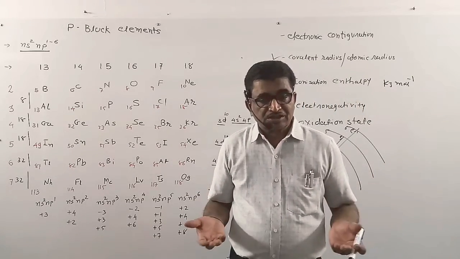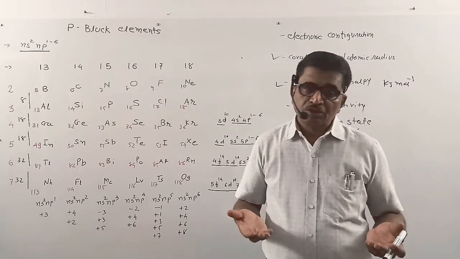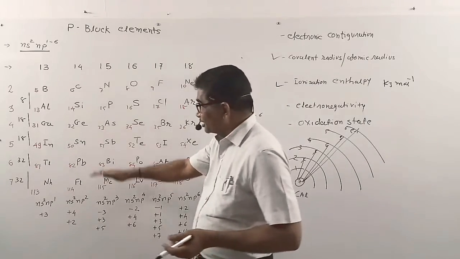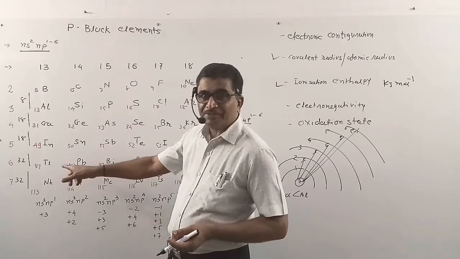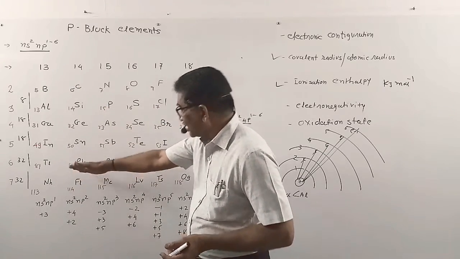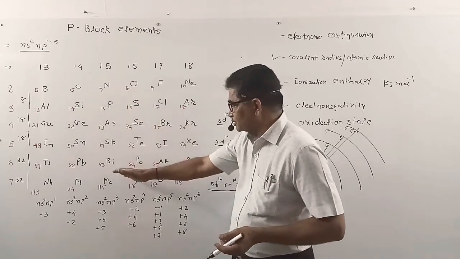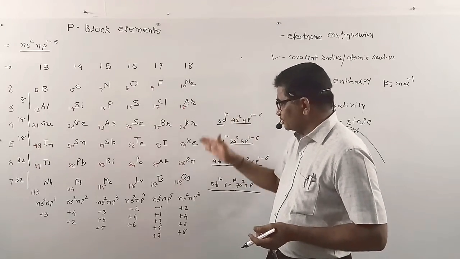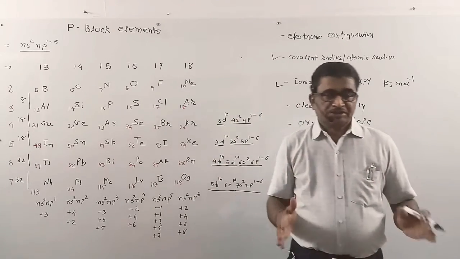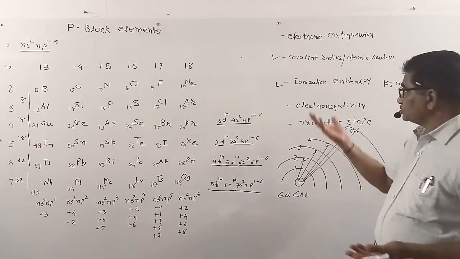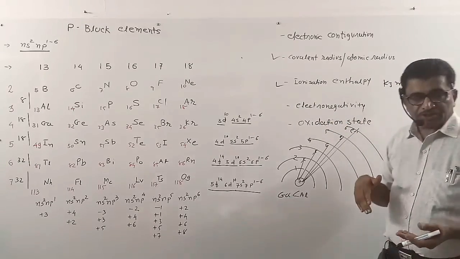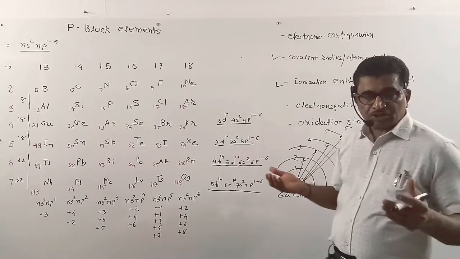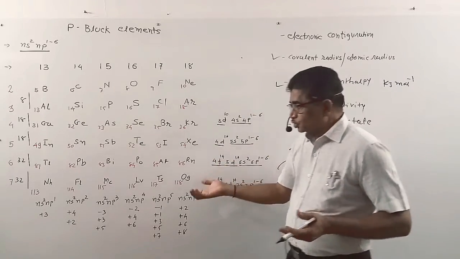If the attraction decreases, the required energy also decreases. So from top to bottom in each group, from boron to thallium, carbon to lead, nitrogen to bismuth, oxygen to polonium, fluorine to astatine, neon to radon, it always decreases. So ionization enthalpy is also a periodic property.